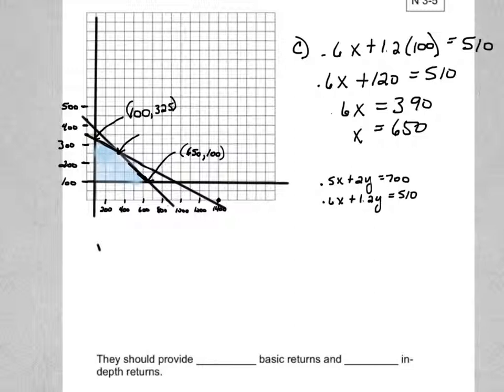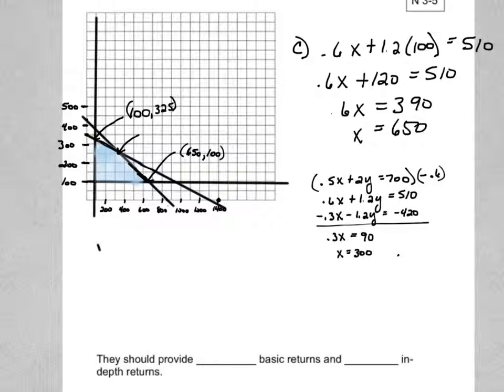If we multiply this one by negative 0.6, we're going to have minus 0.3x minus 1.2y equals negative 420. Then you add them together, and so you end up with 0.3x equals 90. And so x equals 300.